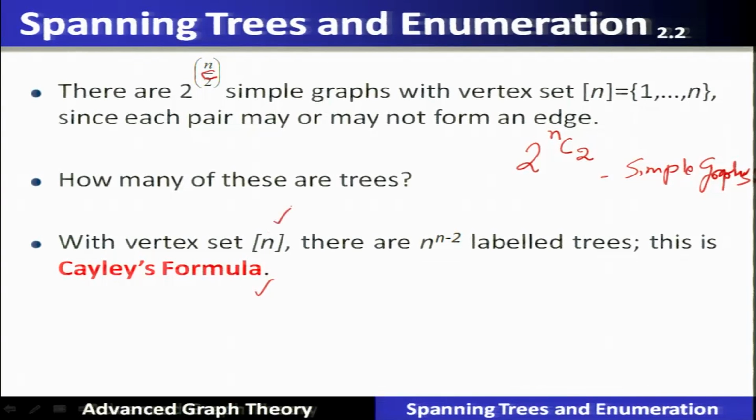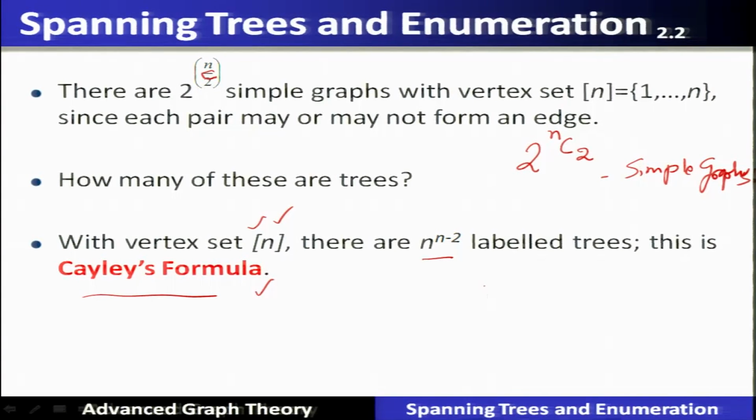With the set of vertices labeled from 1 to n, there are n raised to the power n minus 2 different labeled trees, and that is called Cayley's formula.